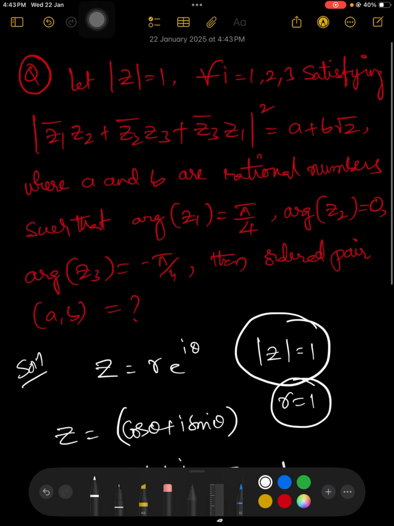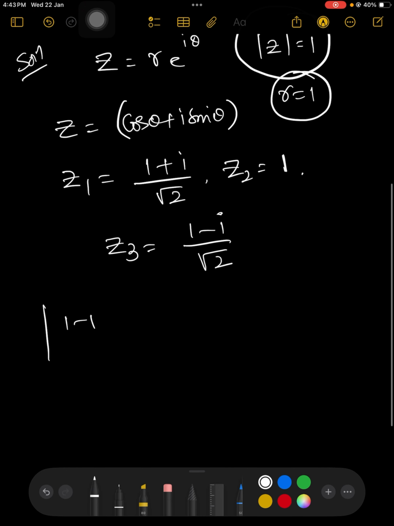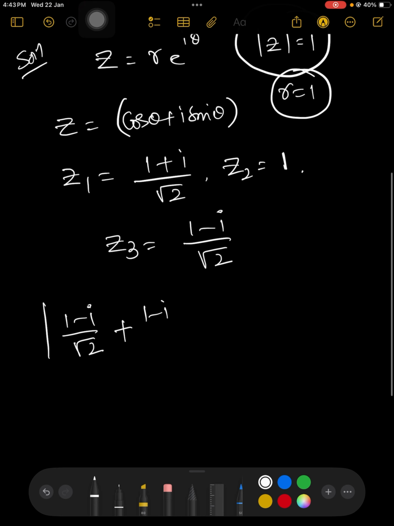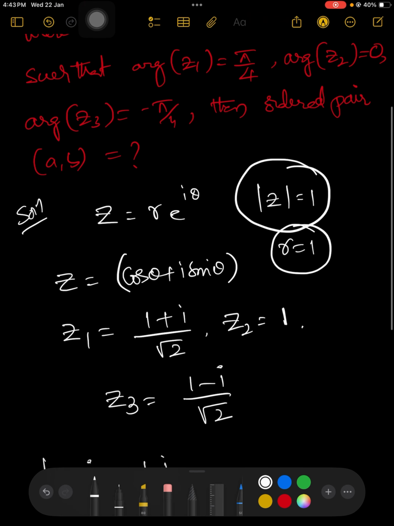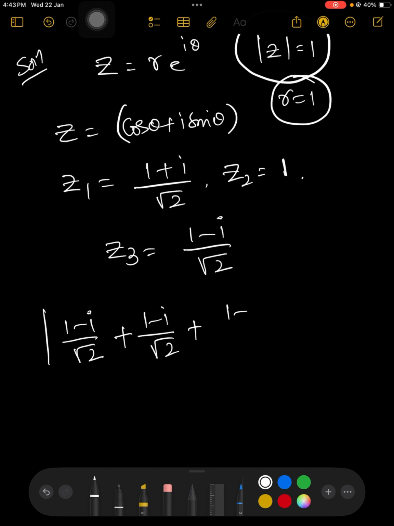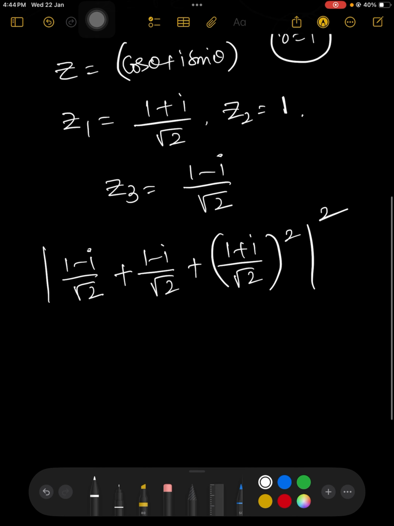What is the question? z1 bar into z2, z1 bar, that is 1 minus i by root 2 into z2 is 1, plus z2 bar into z3, that is also 1 minus i by root 2, plus z3 bar z1, z3 bar, that is 1 plus i by root 2 whole square. Because z3 bar is 1 plus i by root 2, z1 is 1 plus i by root 2, then we will get like this.